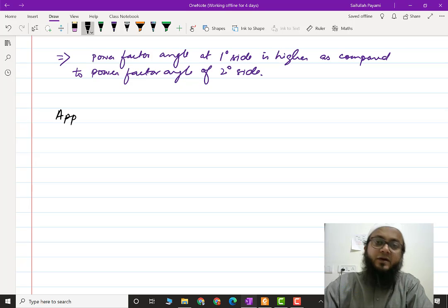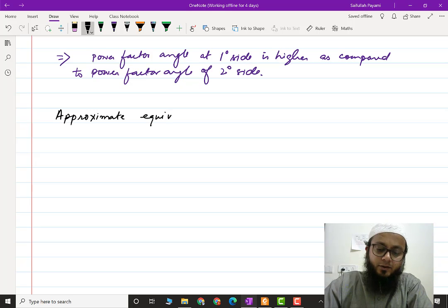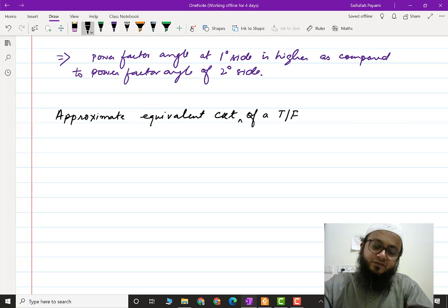That was the exact equivalent circuit diagram of the transformer, and this is the approximate equivalent circuit diagram of a transformer.